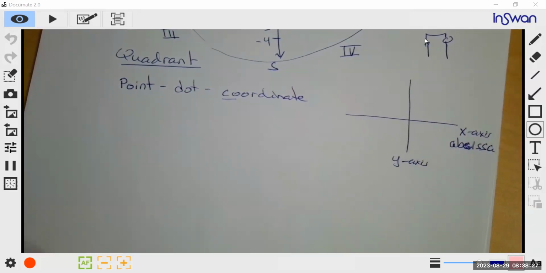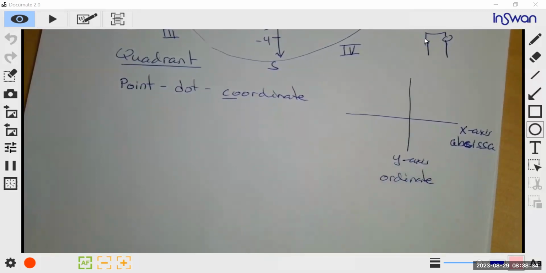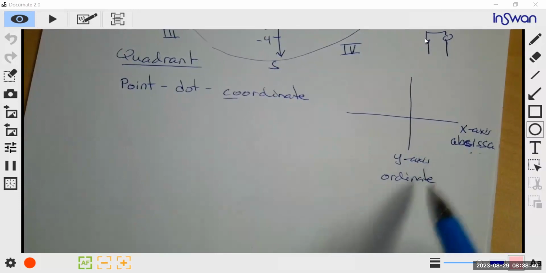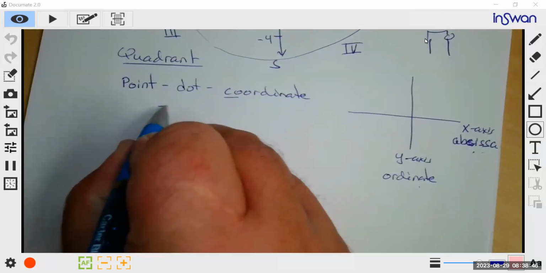That was called the abscissa. And this was called the ordinate. So together, they form a coordinate. This number went with this one. It was a coordinate. It's also a location.